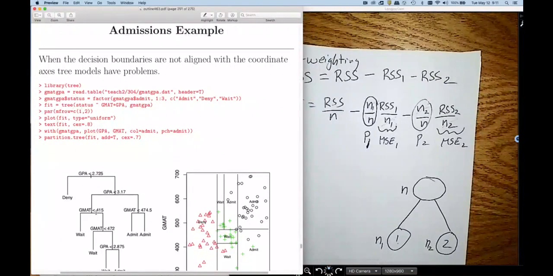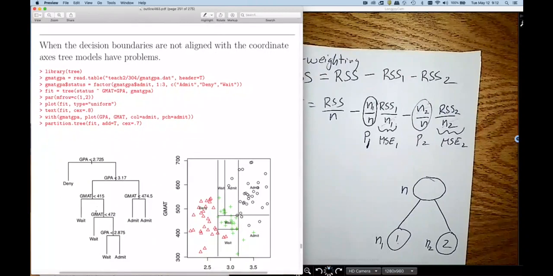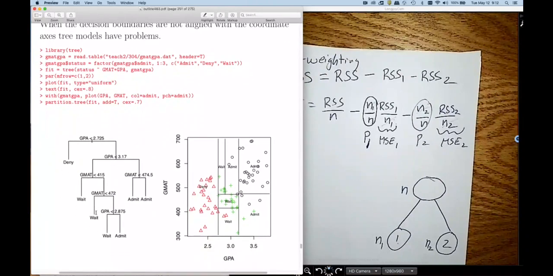This is an example that we looked at back when we discussed discriminant analysis. The situation is we want to build a machine classifier so that we can make admissions decisions at our college. So let's say we have the grade point average of applicants and their GMAT scores.